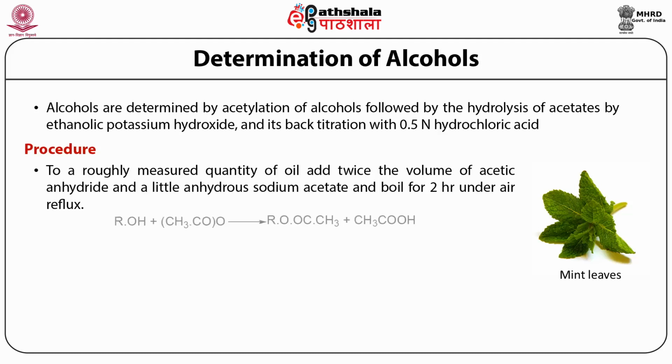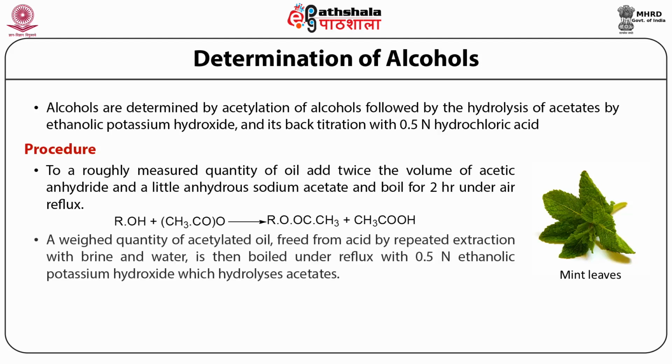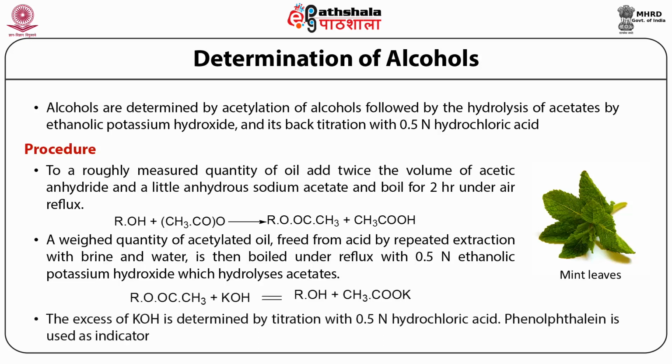After this, as per the reaction given there, a weighed quantity of acetylated oil that has been freed from acid by repeated extraction with brine and water is then boiled under reflux with 0.5 normal ethanolic potassium hydroxide, which hydrolyzes those acetates, as shown in the equation below. The excess of KOH is determined by titration with N/2 hydrochloric acid.